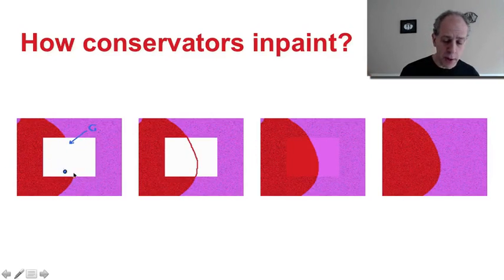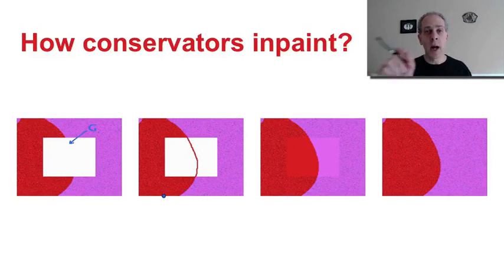We have a region to be inpainted and we have the image. So they first continue the boundaries of the regions. So if there is a boundary here going inside the region to be painted, then they continue the boundary inside. The same way that a child will draw the outlines of the objects.